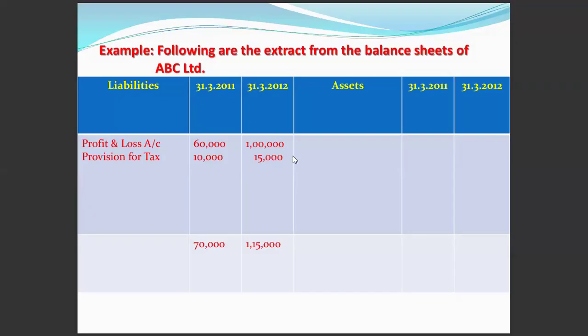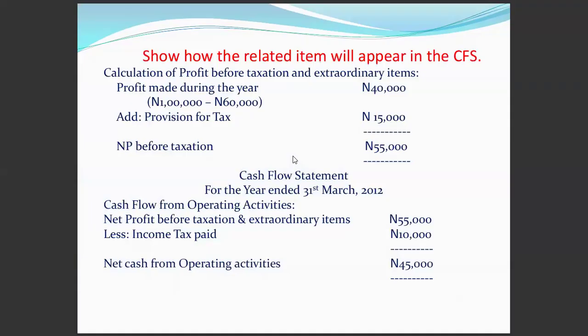So as per law, the profit made during the year is 40,000. But since the provision for tax is added, because any provision I make is just a mere adjustment, it is a non-cash item.